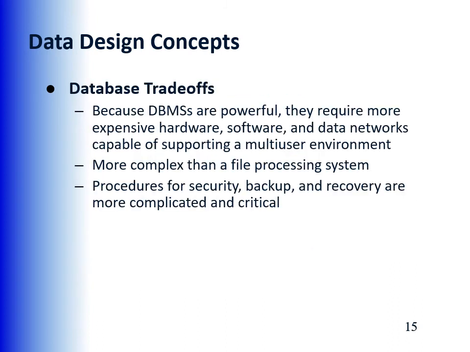Okay, database trade-off. I think I have mentioned the trade-off definition in the previous video. A trade-off is something that you have to consider in terms of making decisions. For the DBMS, because DBMSs are powerful, they require more expensive hardware, software, and data networks capable of supporting a multi-user environment.